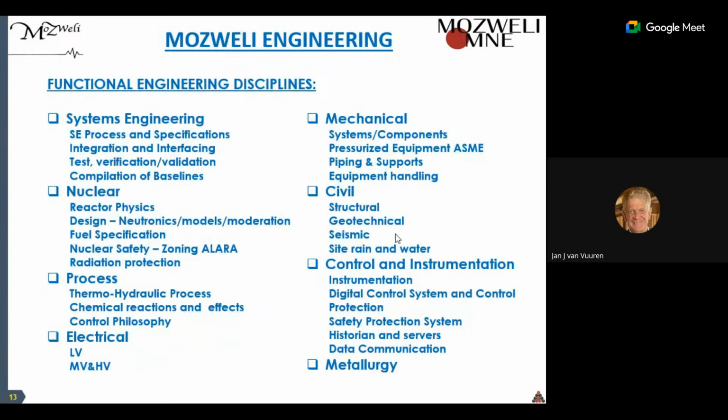In the previous designs, we made use of the ASME, American Society of Mechanical Engineers, codes for pressurized equipment, piping and support, and equipment handling. On civil: structural, geotechnical, seismic, site, rain and water, etc. Control and instrumentation: our digital control system, instrumentation protection, also the safety protection systems, data servers and handling, and we also touch into metallurgy.